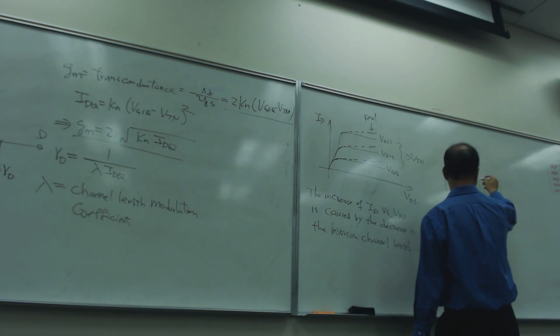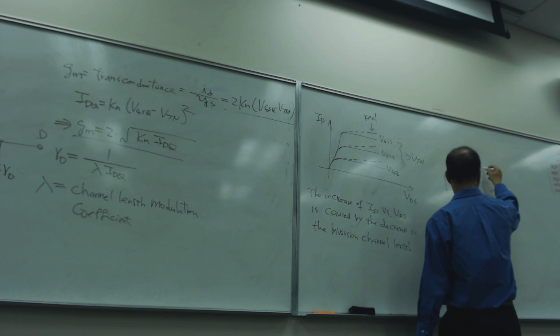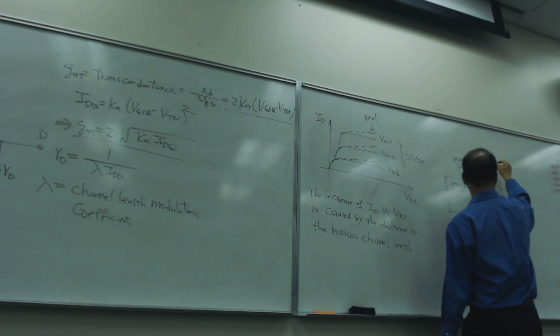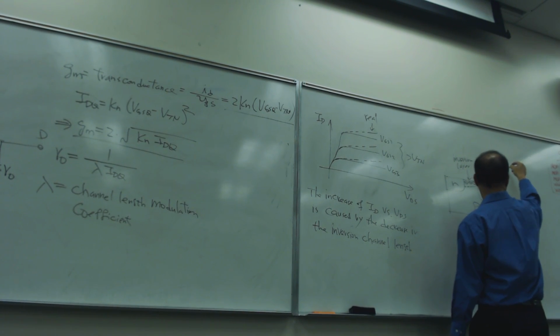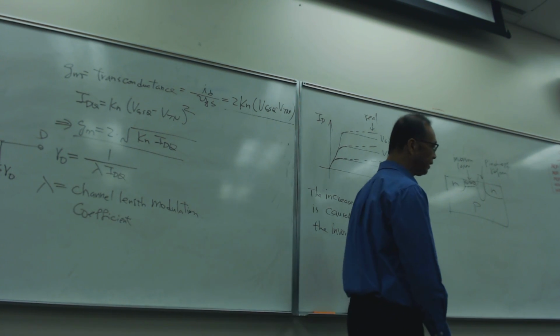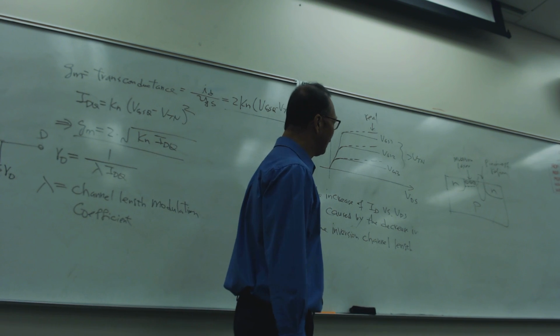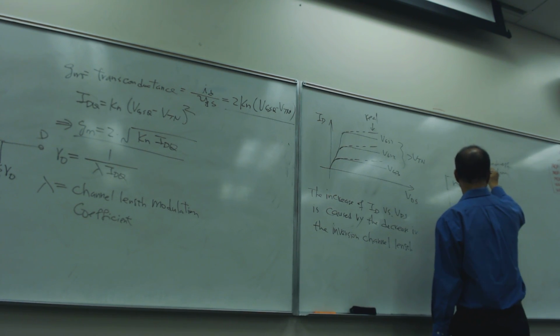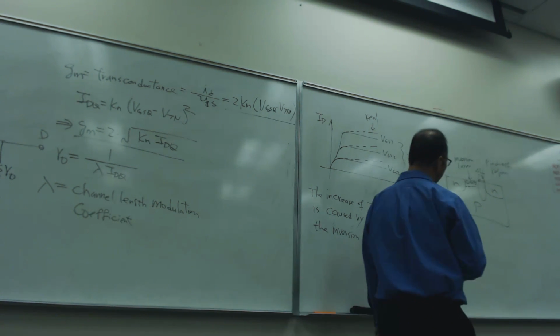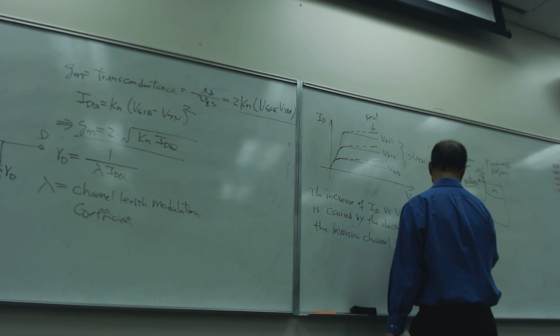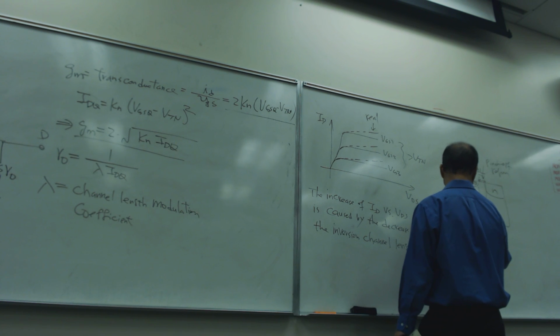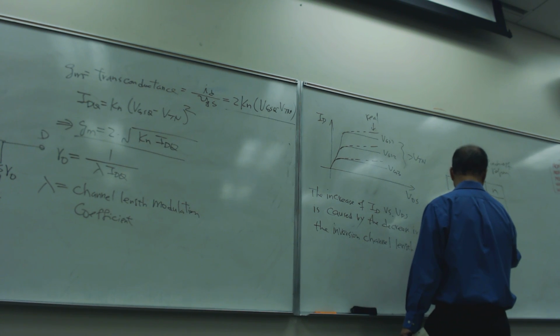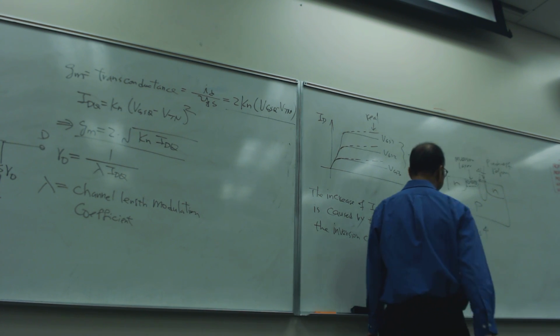But you can see that this portion is called the pinch-off region. It does not have electrons. And this region I can call delta L, right? So delta L will go up if V_DS goes up.